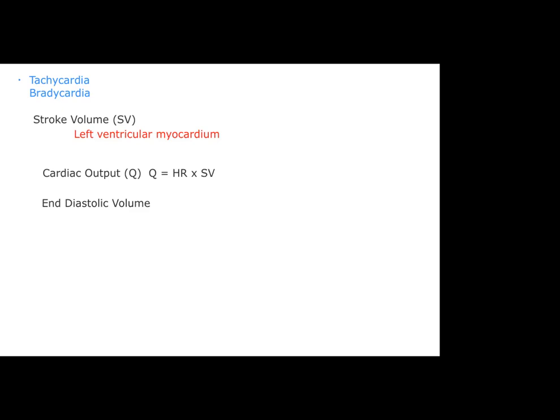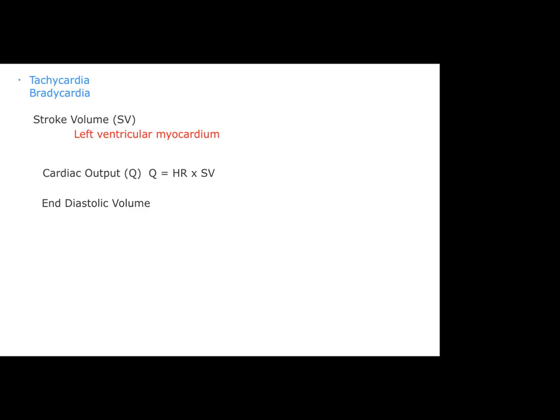Right, so diastole is when the ventricle is filling. So at the end of diastole, the ventricle should be full, so end diastolic volume should be a high number. End diastolic volume is the amount of blood in the ventricle after diastole, so when it's full.